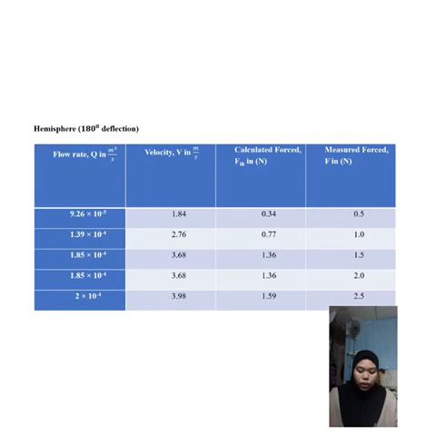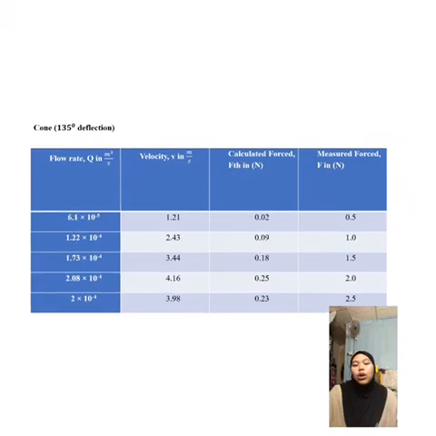Rho 1000 multiplied by Q, 9.26 × 10^-5, multiplied by 2V, which is 2 in bracket 1.84. We get the answer 0.34.